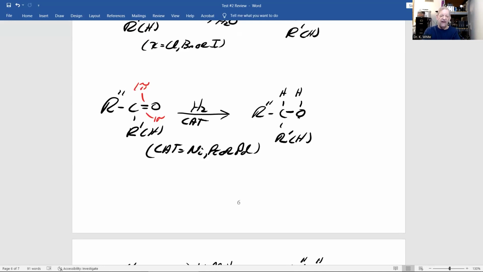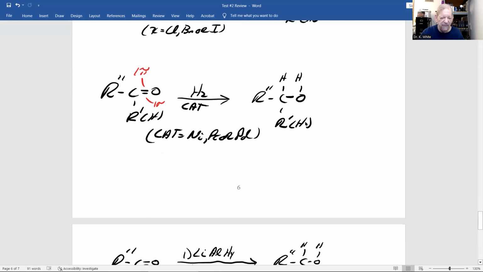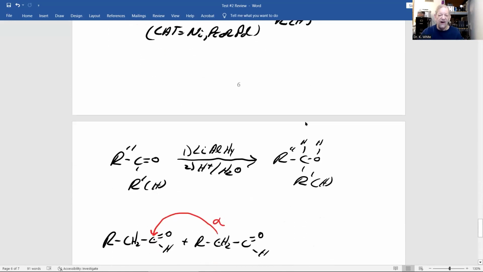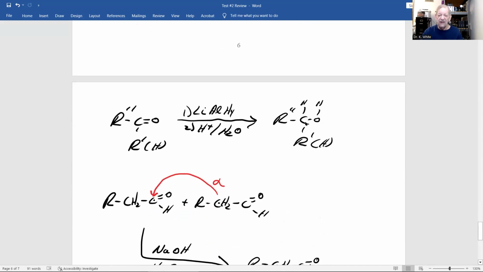This is a great way of making alcohols. You can find ketones and aldehydes in our everyday life that Mother Nature made, and you can use them. Later on, I'll talk about another molecule that you can find in nature that we use heavily in the chemical industry. I worked for a company where I was laboratory manager for all of North America, where we made that chemical. But you're going to have to wait until we get into fats and oils.